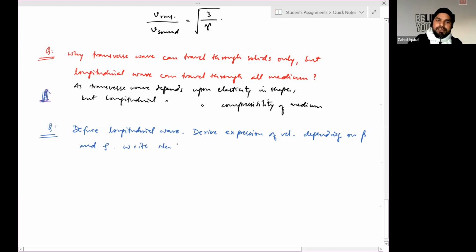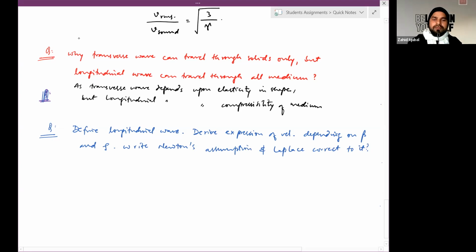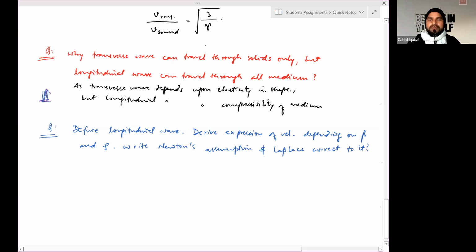Write Newton's assumption and Laplace correction. So for this type of question, you'll have to write everything from the beginning of longitudinal wave till Laplace correction. Last formula, V equals root under gamma times P by rho.